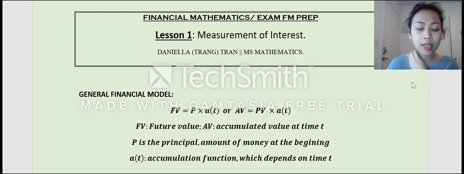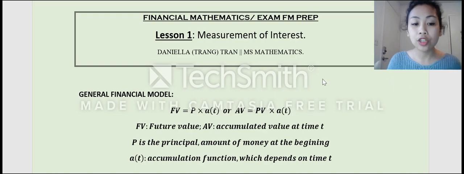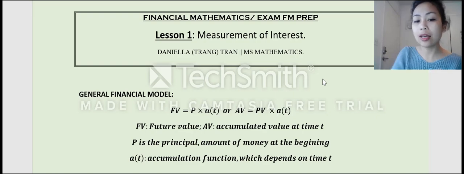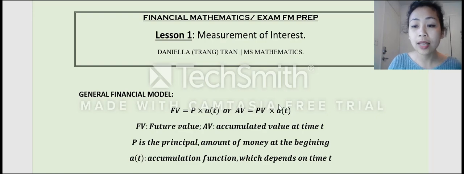So that's why in financial mathematics, the general financial model to make a connection between the money you have in the future and the money you invested today is FV equals P times A(t), or AV equals PV times A(t), where FV, the future value, is the same as AV. Sometimes people use FV and sometimes people use AV. AV is the accumulated value at time t.